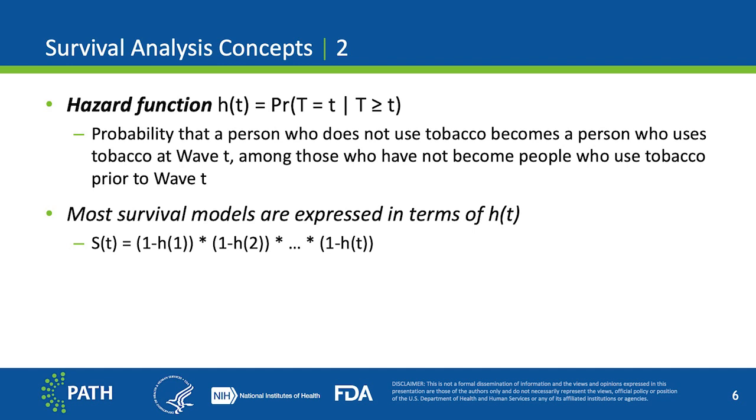For somebody who has survived up until time t, what's the probability that this event will happen at time t? Typically, survival models are expressed in terms of the hazard function or the hazard rate. But once you have the hazard rate, you can compute a survival function. Ultimately, if you know one, then you know the other because they're fixed functions of each other.